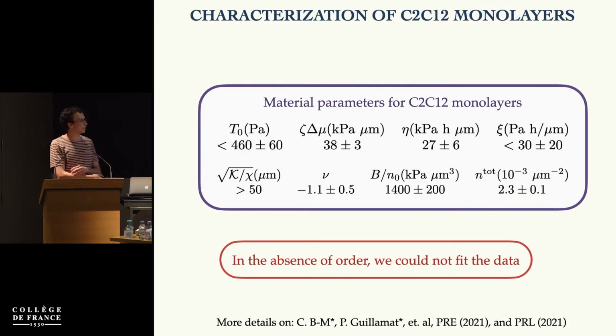I would like to stress that if we remove order from this description, then we were not able to fit the data, showing that order is necessary to understand the mechanics in these two states. And so what we think is that this approach highlights that topological defects can be used to characterize active liquid crystals.